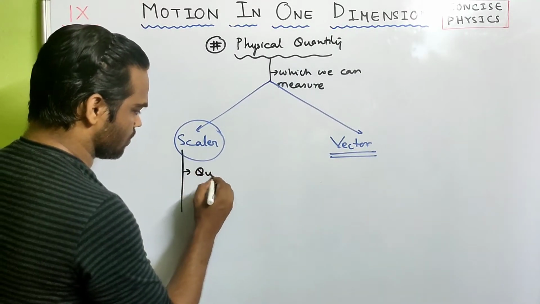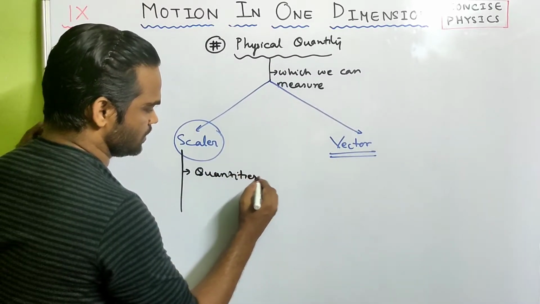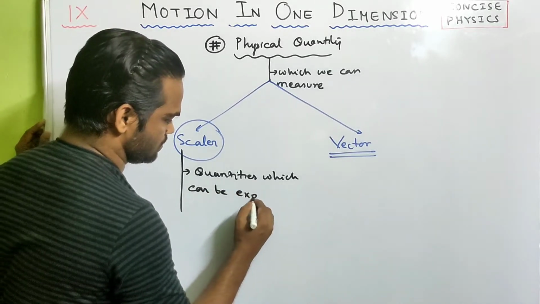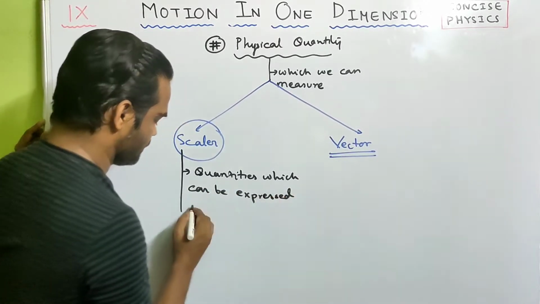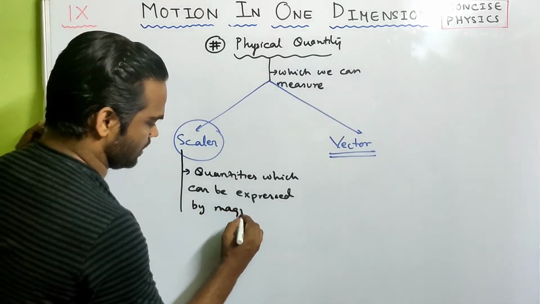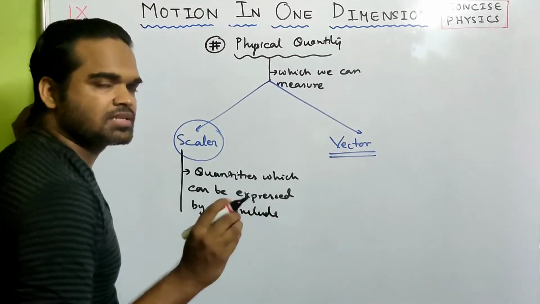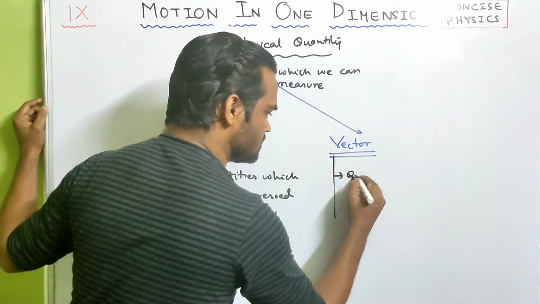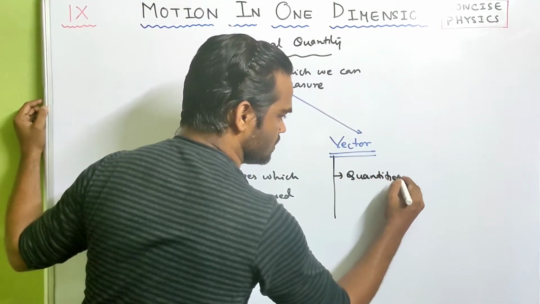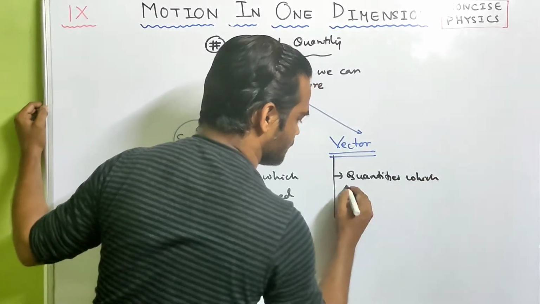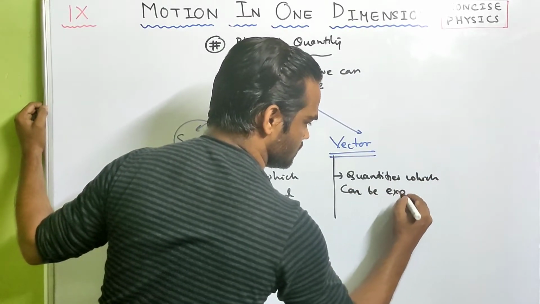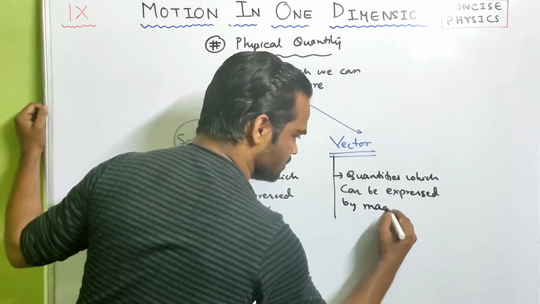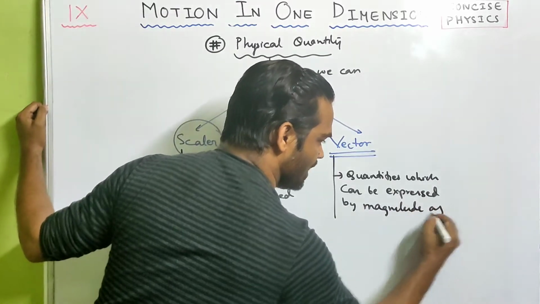Quantities which can be expressed by magnitude is known as scalar quantity, and vector quantity, quantities which can be expressed by magnitude as well as direction.